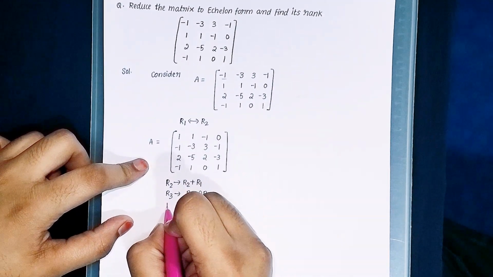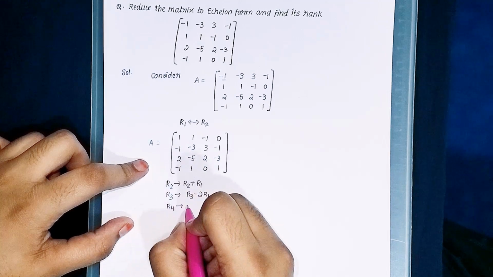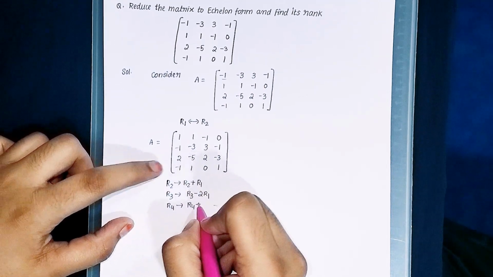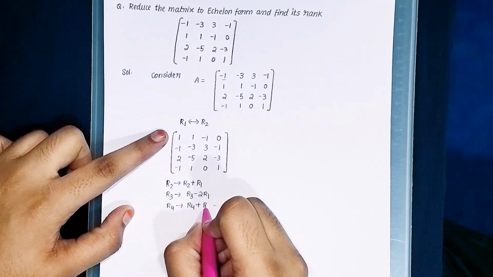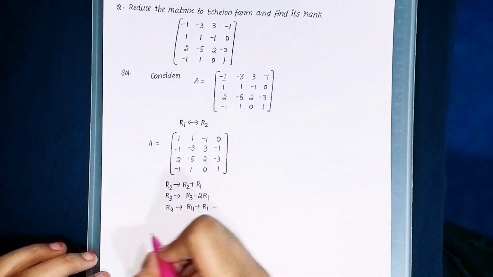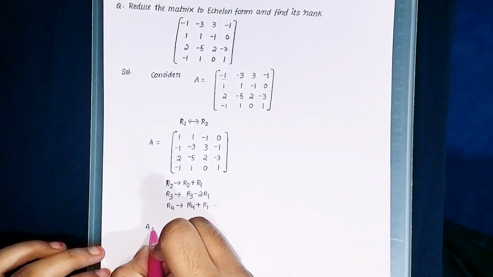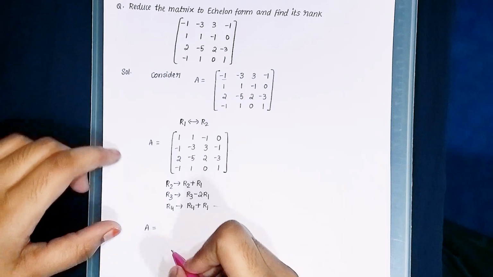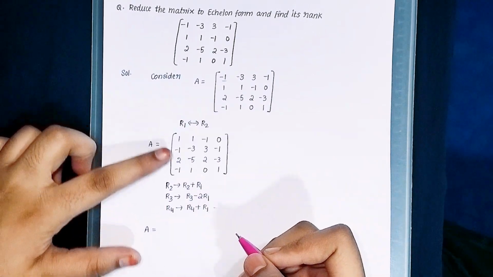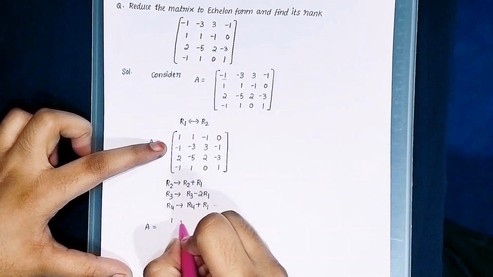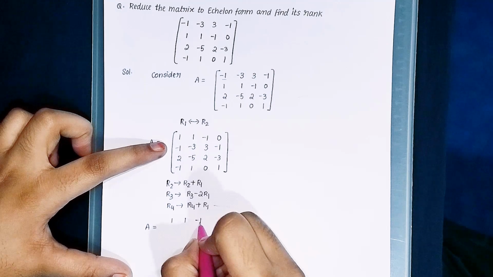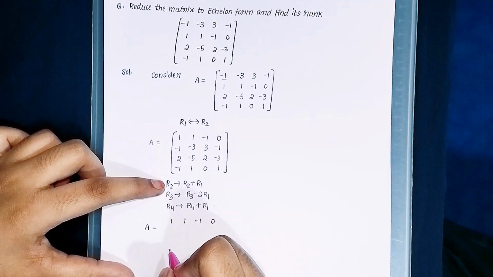If you get any doubt regarding this, you can do it in the rough work and think about whether it will become 0 or not. While solving these questions, you can use the rough work so that you can get accurate values and avoid mistakes. So first of all, row 1 has nothing to do, so we have written it as it is.